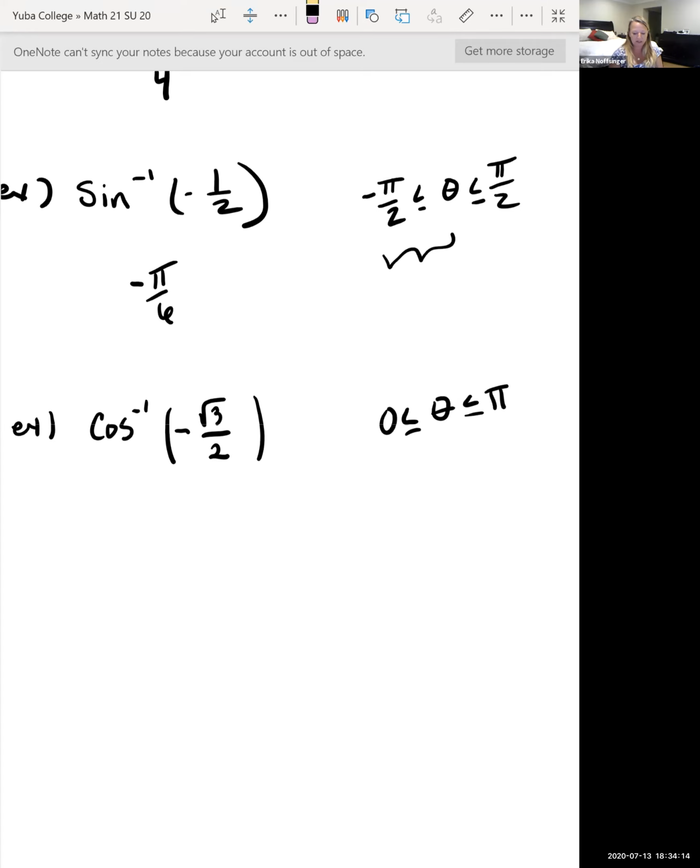And then I would think, okay, cosine of what angle is √3/2, which is 30 degrees, or pi 6. So in order to get that pi 6 here, I'm looking at pi minus pi 6. So 6 pi 6 minus 1 pi 6 would give me back 5 pi 6.